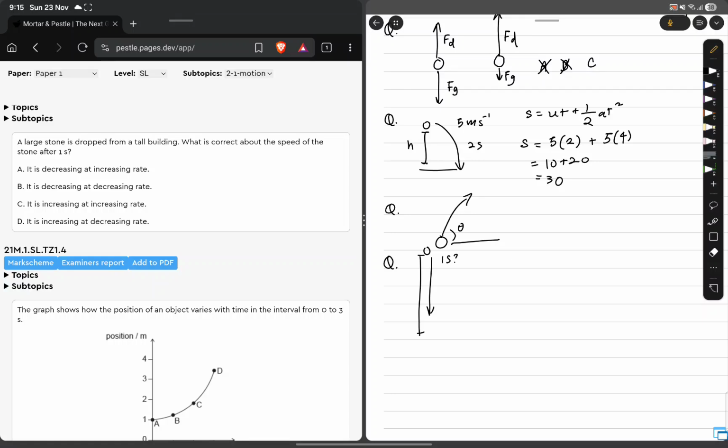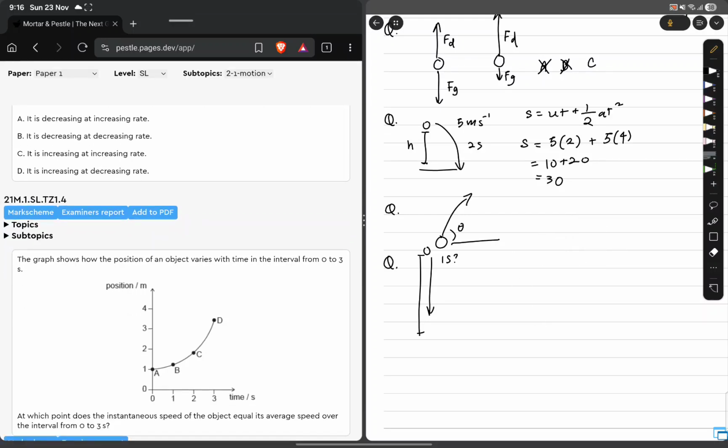Therefore, it's increasing at a decreasing rate. That means it's going down and the magnitude is increasing, but it's increasing less and less because the air resistance is fighting back and air resistance increases as well. So it's D.